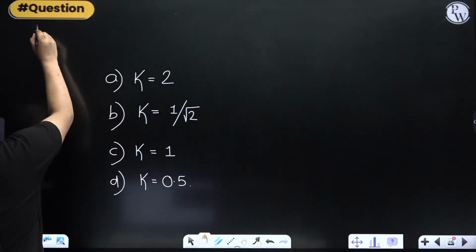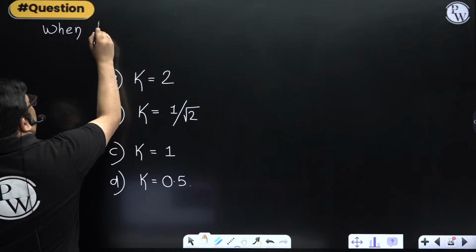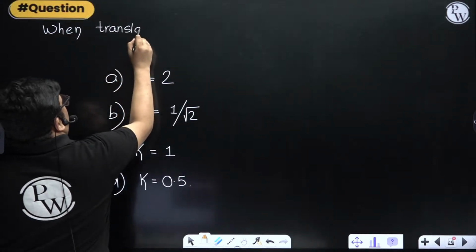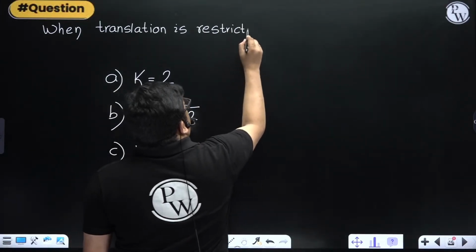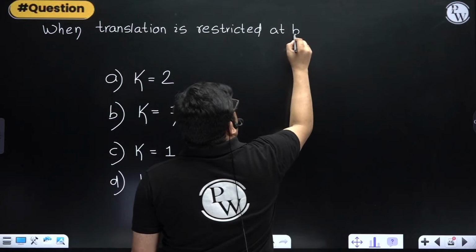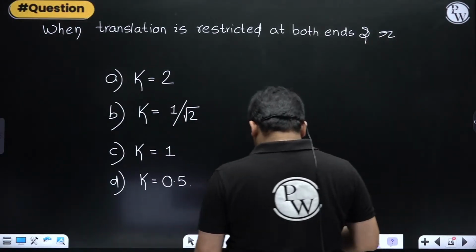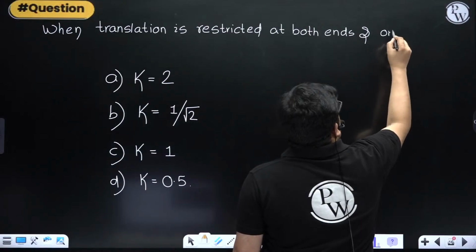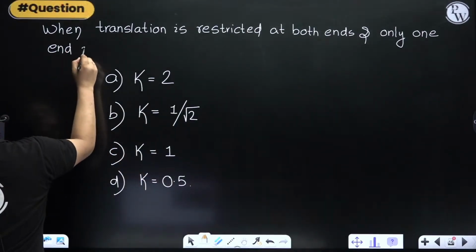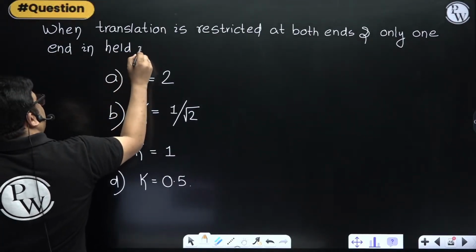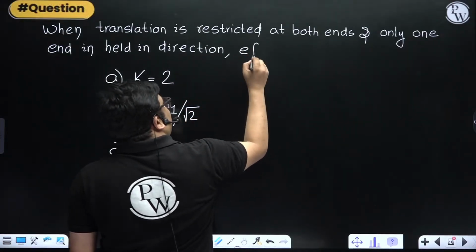Okay. Question is, when translation is restricted at both ends, and rotation is held in direction at only one end, the effective length factor is?